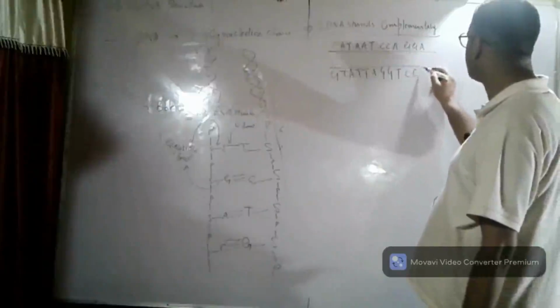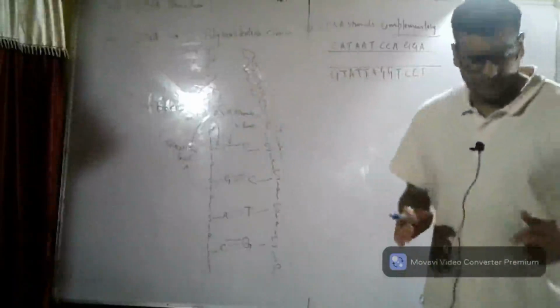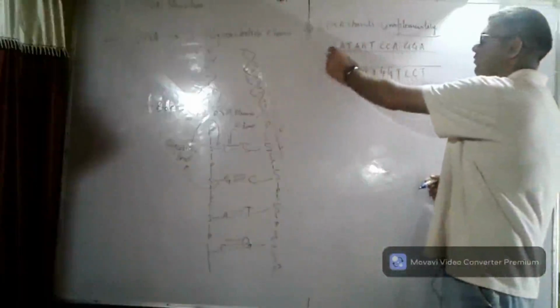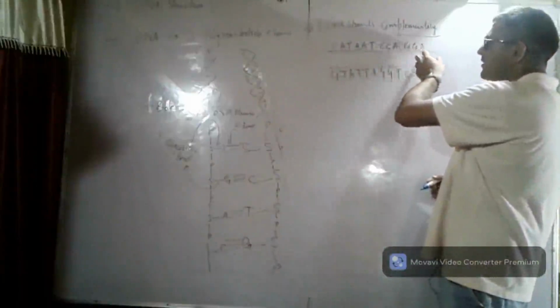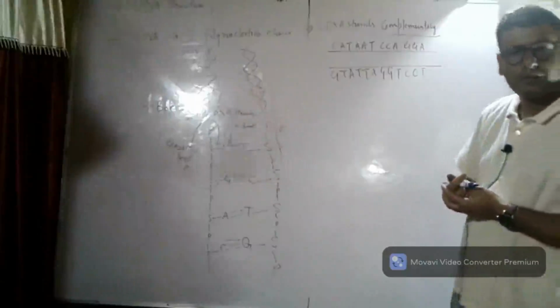So if the base sequence in one strand of the DNA is known, we can easily predict the base sequence in the other strand of the DNA. This means that the two strands are complementary.